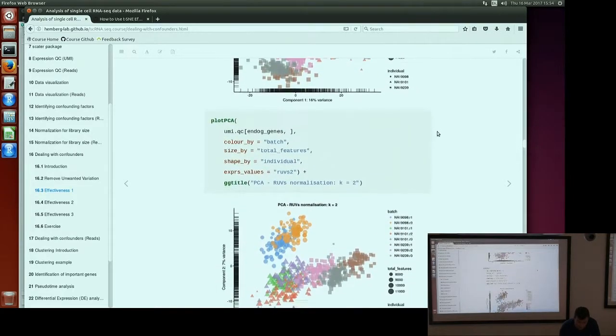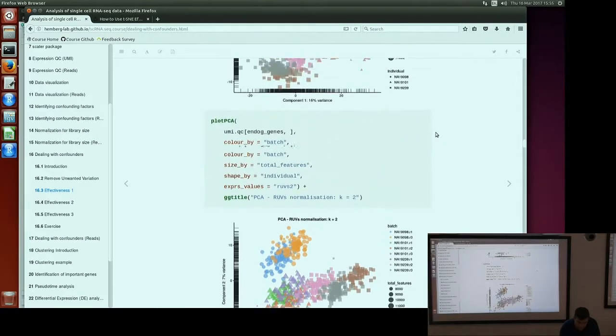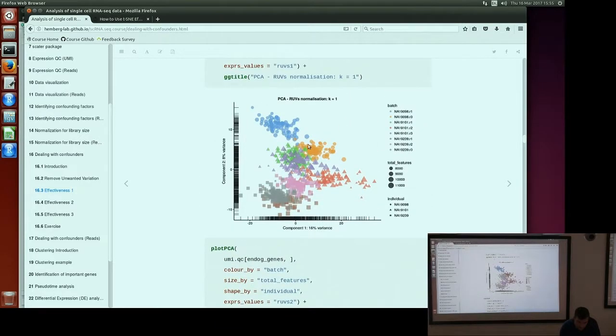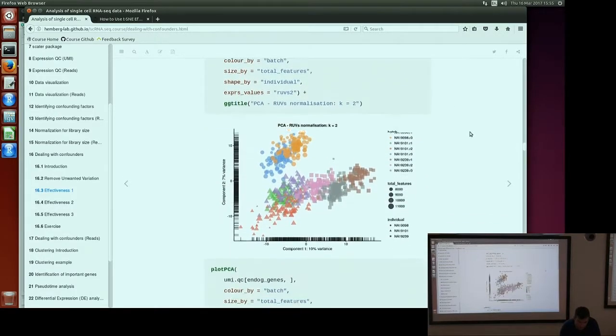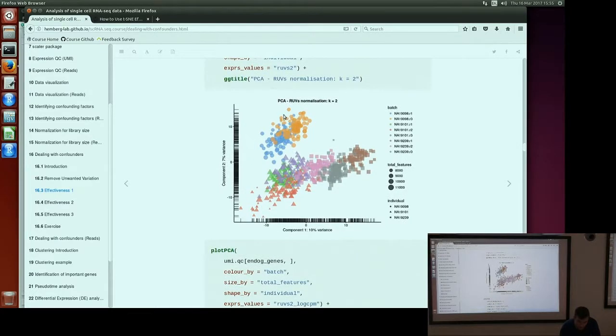So it's doing some things, but perhaps not ideally what we'd like. For instance, if we look at these blue and yellow cells with K equals 1, they're quite distinct. When we go to K equals 2, we start to see more overlap between these two clouds. So we're removing some variation that seems to be bringing replicates closer together a little bit.